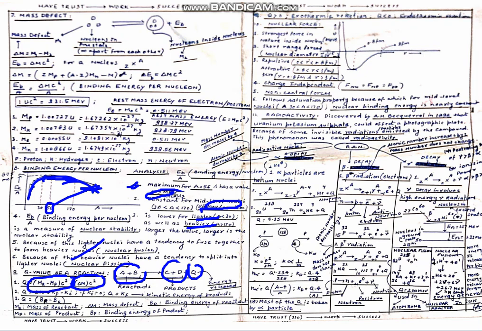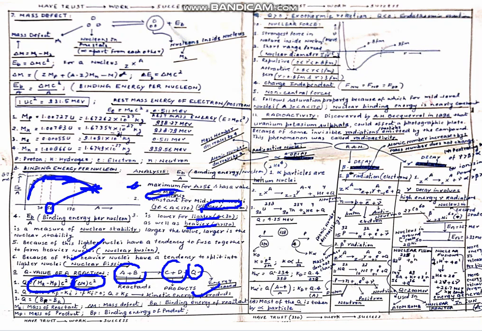This Q value is often transferred to the kinetic energy of the daughter nuclei, and it is K final minus K initial, and it is equal to K final if the initial kinetic energy is 0. So we can say that the Q value of a reaction is mostly given to the daughter nuclei in terms of kinetic energy.